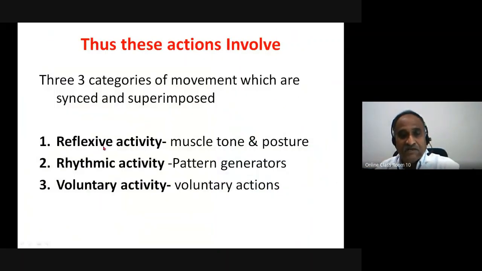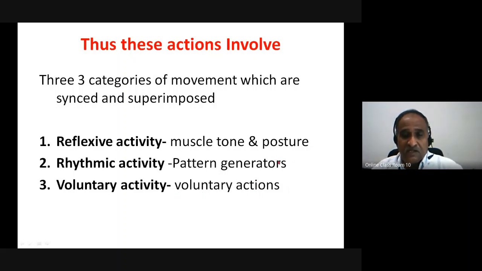Here there is reflexive activity, rhythmic activity, and voluntary activity. Reflexive activity is for the maintenance of the posture and tone, rhythmic activity is for locomotion or a particular rhythm to be activated, and then the voluntary actions.